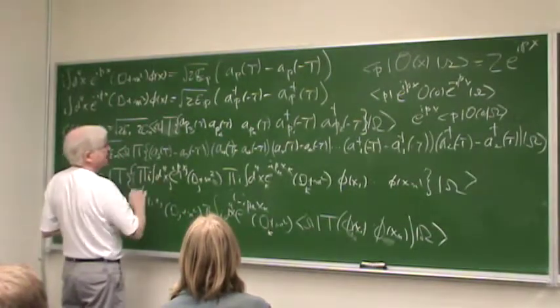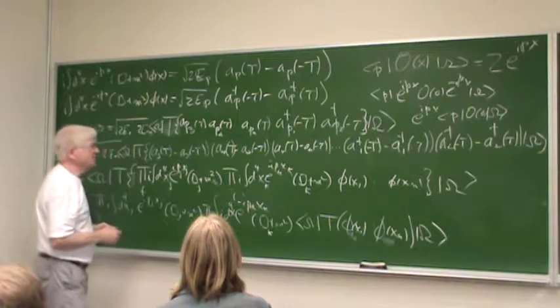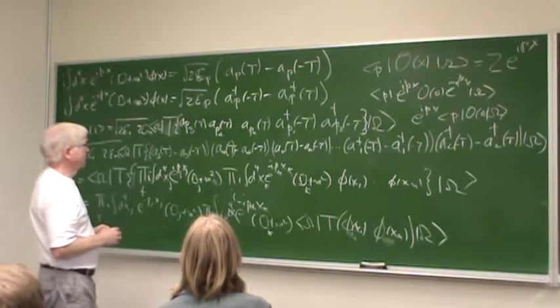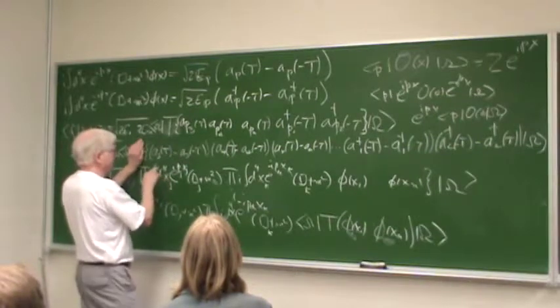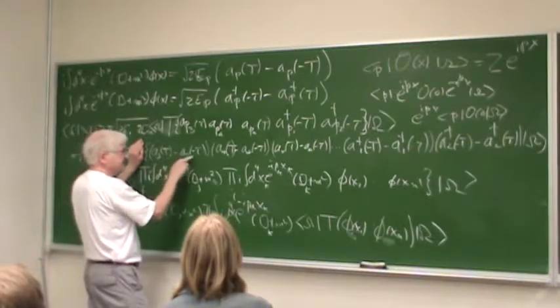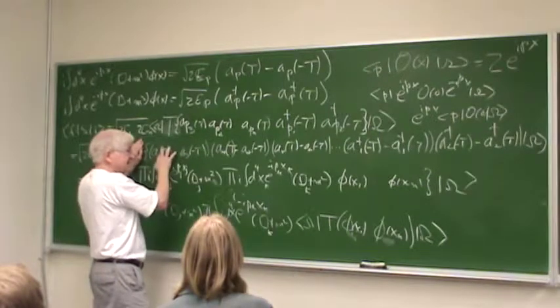We're not going to do time ordering. Well, you see, the trouble would be that we wouldn't have time ordering here. We'd have A3 of t minus A3 of minus t. And that would just be sitting there.